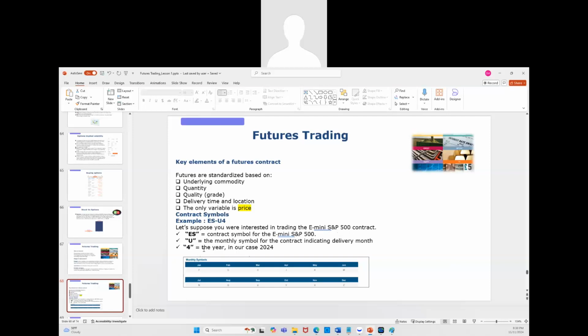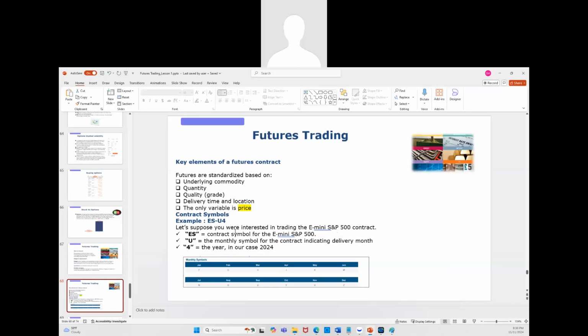And you see, the ES is the contract symbol for the E-mini S&P 500. And then the U stands for the monthly symbol of the contract, which is the delivery month. And then this last four is the year, and in our case, 2024.